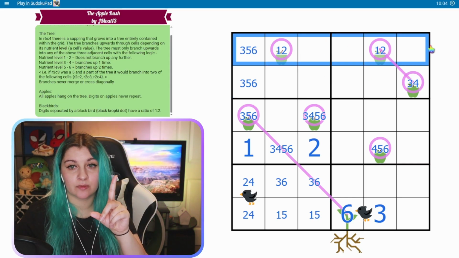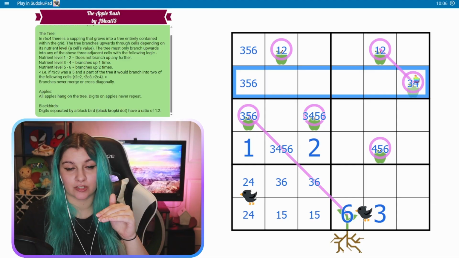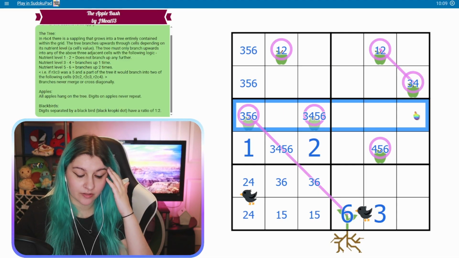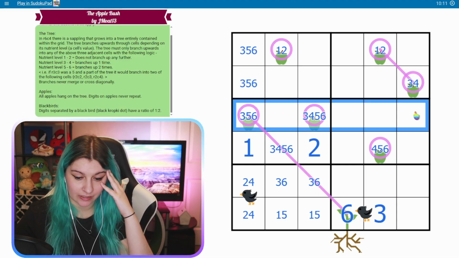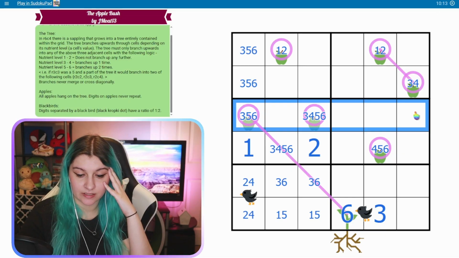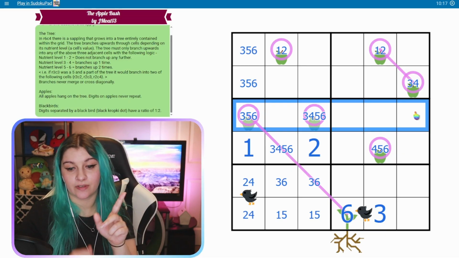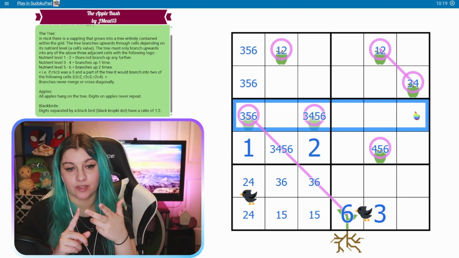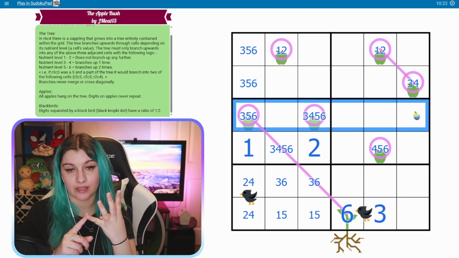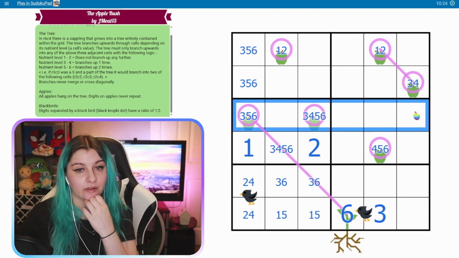Okay, maximum of 2 branches here, maximum of 4 branches here. So this would be a maximum of, I need at least 3, a maximum of 4 branches. If I do a 6, a 3, and a 1 and a 2 or something like that, that'd be a maximum of 4 branches also.